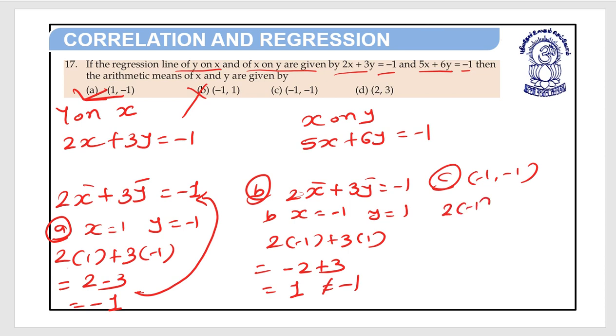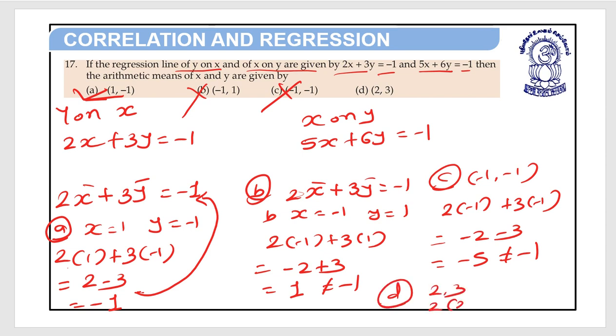So it is 2 into minus 1 plus 3 into minus 1, minus 2 minus 3 is equal to minus 5, not equal to minus 1. C is not the answer. And for D, 2 twos are 4, 3 threes are 9, 4 plus 9 is equal to 13, not equal to minus 1. D is not the option. So only option A is the right answer.